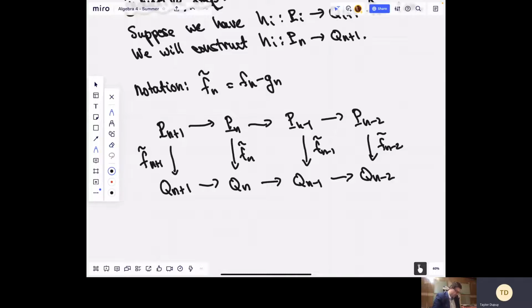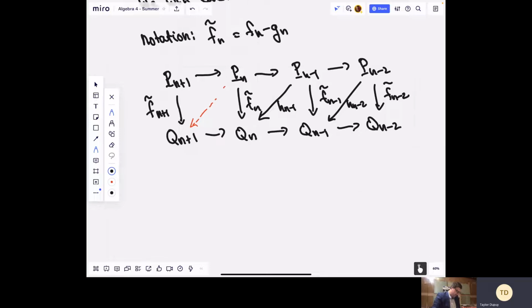And then we have homotopies here. We have Hn minus 1, Hn minus 2. And what we're looking to construct is this one, Hn plus 1. So what are we going to do?